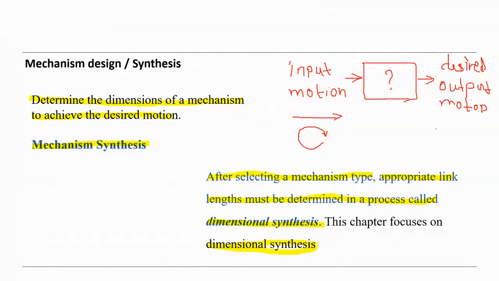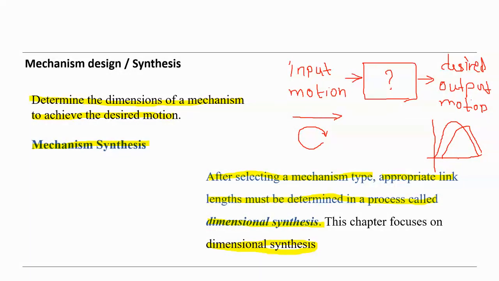But the output motion could be very different. I mean, it depends what we are going to do. Could be a motion like this, or like this, or any others.